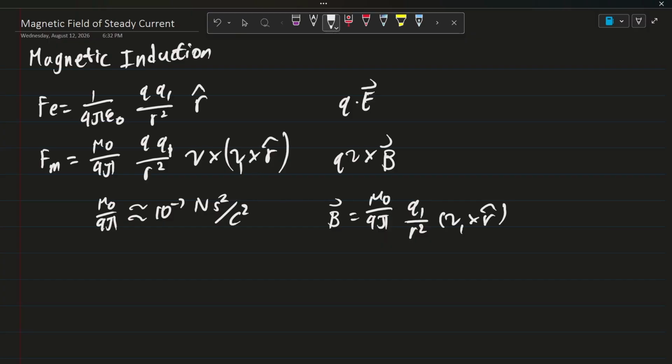Now if you combine the electric field and the magnetic field, you get the electromagnetic force, also called the Lorentz force. The Lorentz force is defined to be Q times E plus V cross B, which is basically the total force from the electric field and the magnetic induction.